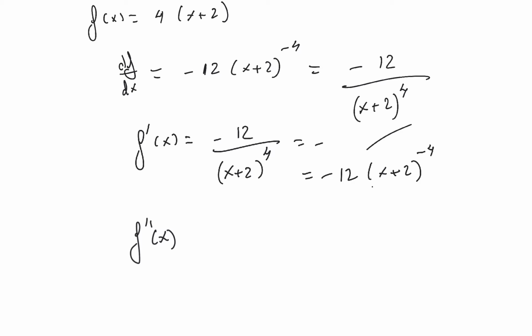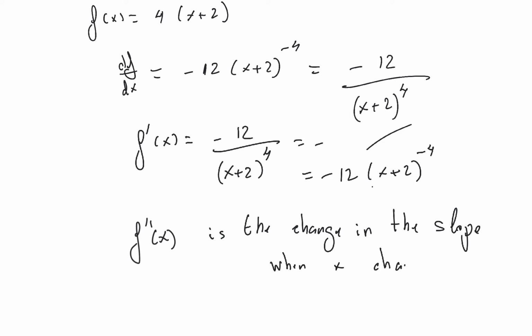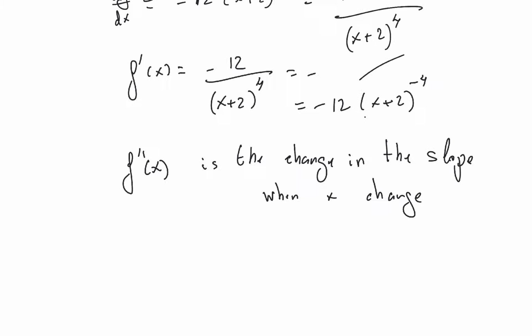What is the meaning of the second derivative? The first derivative is the slope, is the change in y when x varies. And the second derivative is the change in the slope when x changes. So a curve will have a slope.